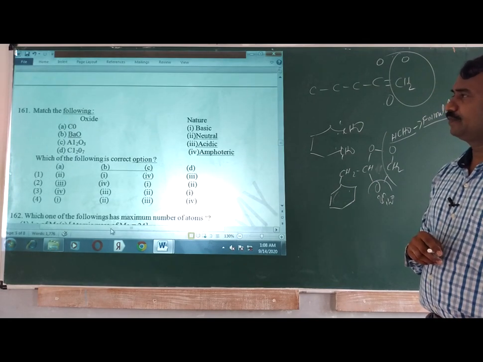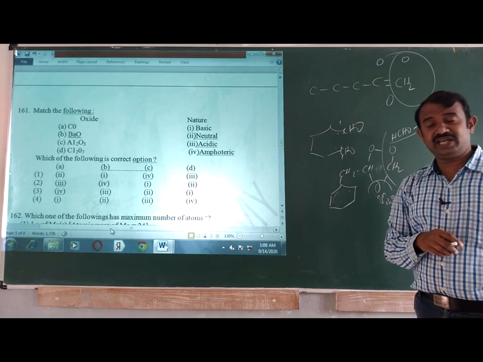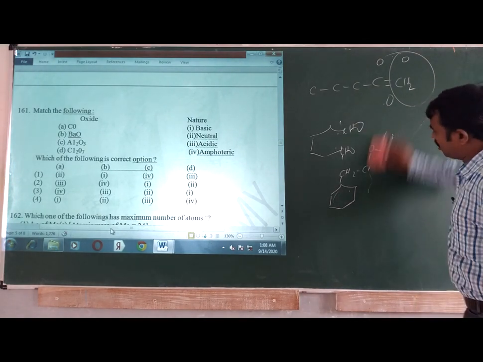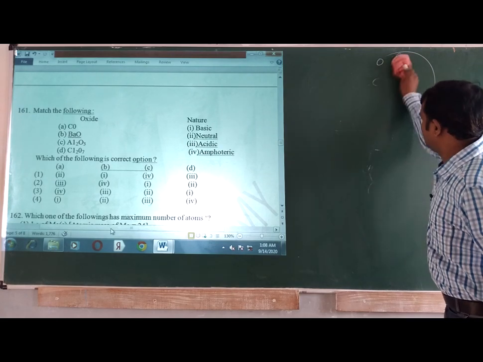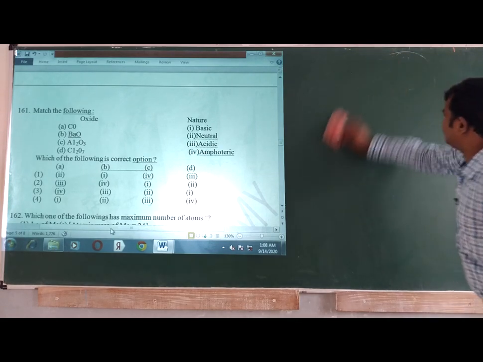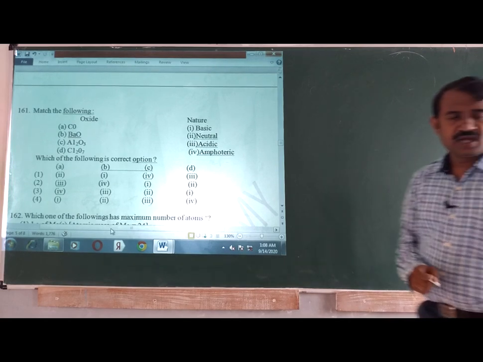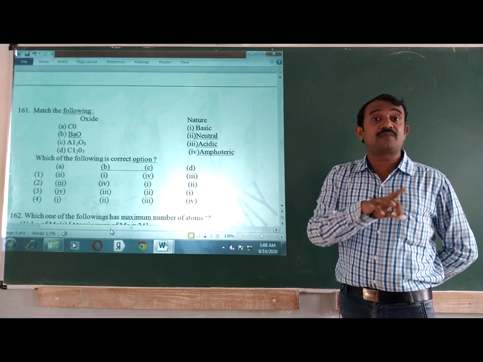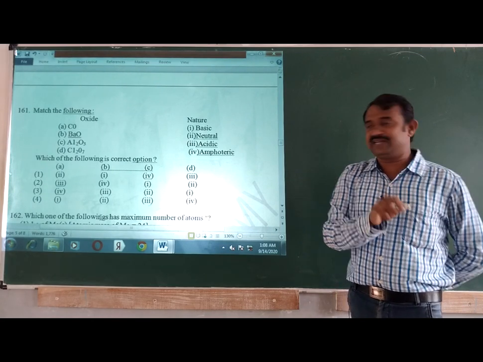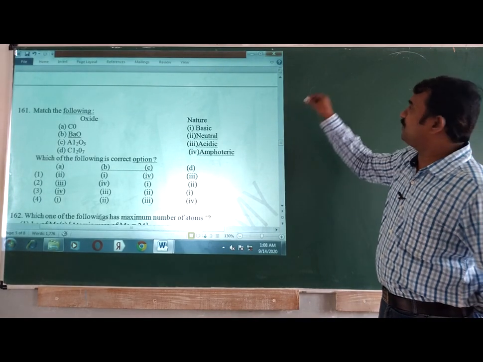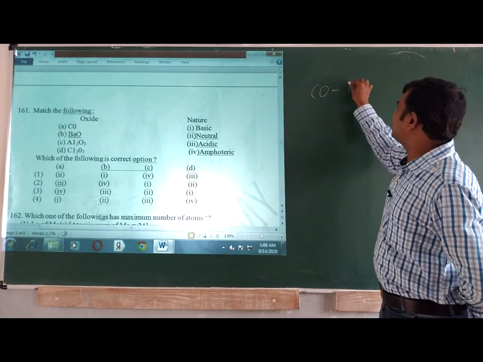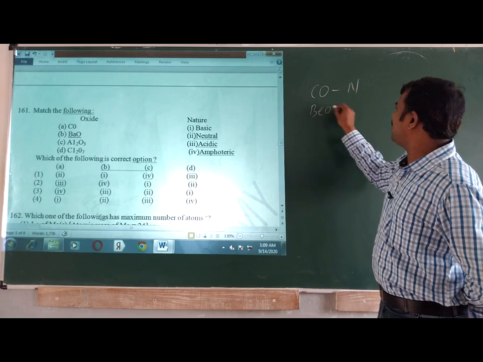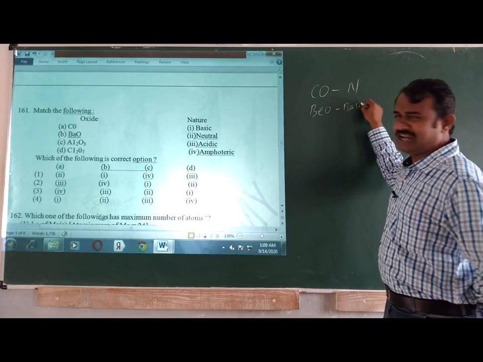Okay, next one. Match the following, metal oxides. When alkali metals react with oxygen, they form basic oxides; non-metals form acidic oxides; and boron family and carbon family elements can form amphoteric oxides, both acidic as well as basic. The first one, carbon monoxide, is neutral. Second, barium oxide is a basic oxide.